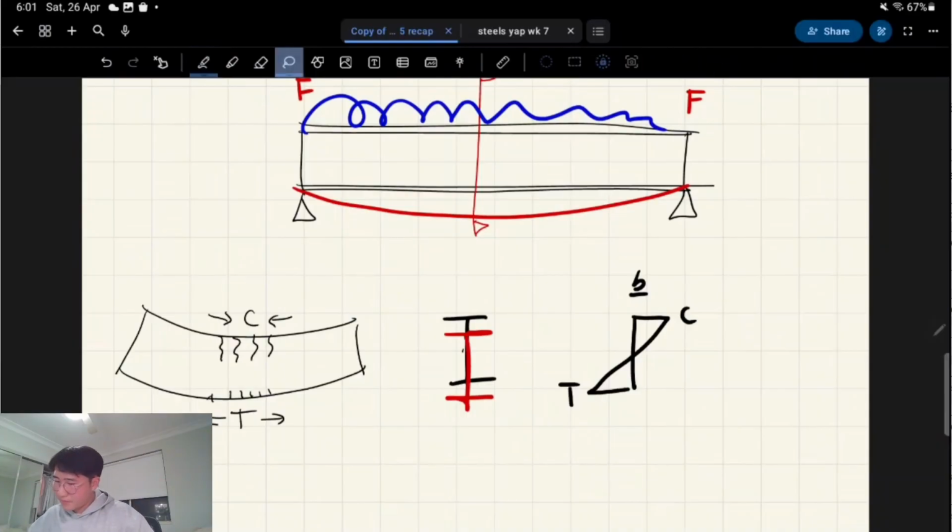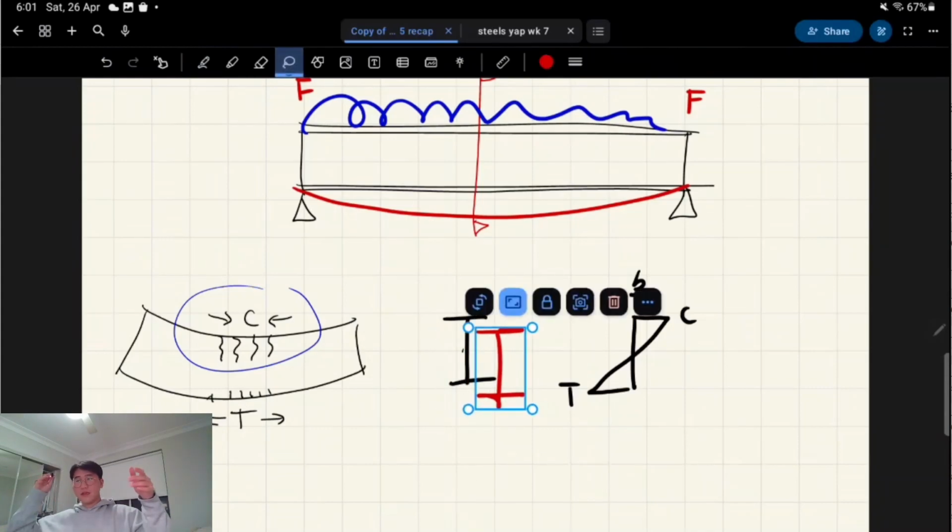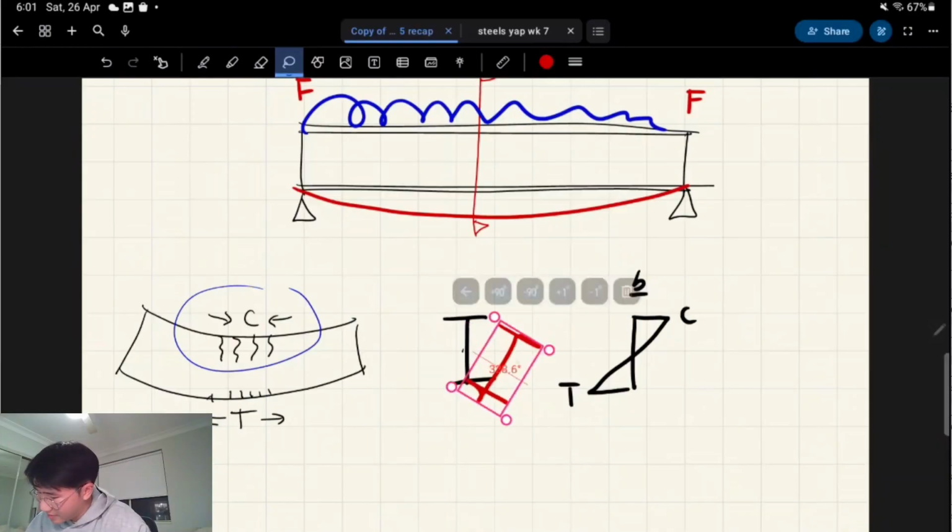So once it does that enough, we know from our compression topic that the top part wants to buckle out in the weak direction. The weak direction of an I-beam is left and right. So the top flange, the compression flange, wants to go this way. The bottom flange is doing something different. The bottom flange is in tension. It wants to pull like a rope, to pull and straighten out. So what happens is this beam actually does this.